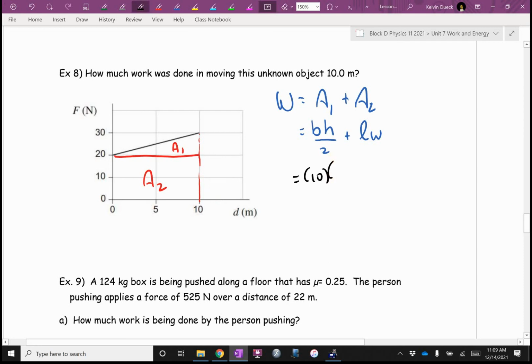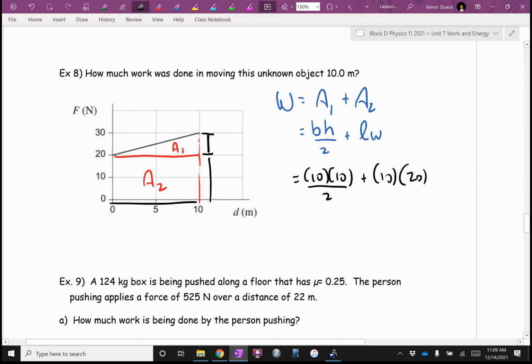Oh, we're doing the triangle, not the rectangle. We're doing area 1. Sorry, that was my fault. What's the height of the triangle? Careful. 10. And then divided by 2. There's base times height divided by 2. Plus, what's the length of the rectangle? What's the width of the rectangle?